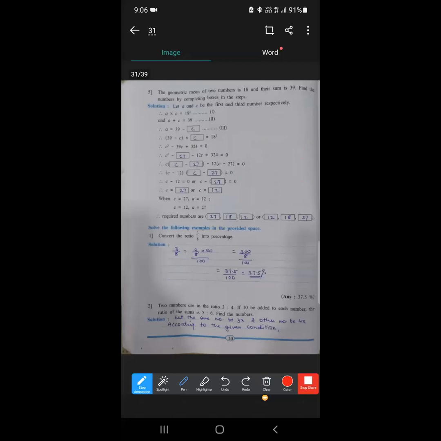Now, yesterday we have seen how to factorize, how to find the factors. So here also this is a quadratic equation, that is C square minus 39C plus 324 equals to 0. So plus 324, you need to find the factors in such a way that you should get the answer as minus 39 after adding the factors.